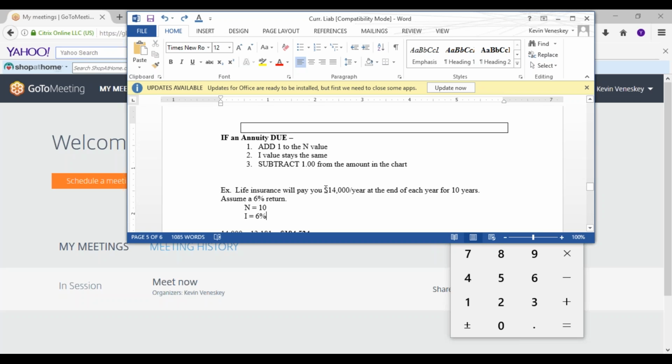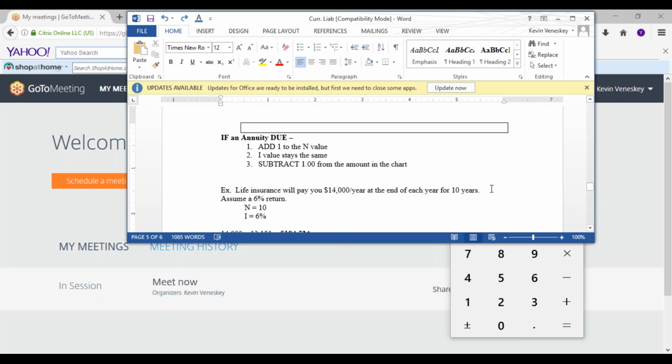I want to know what is the total return value of the entire $14,000 at the end of that 10th year. How much will I have earned if I put it all away into an interest-bearing account at 6%? And then we can go to our charts.